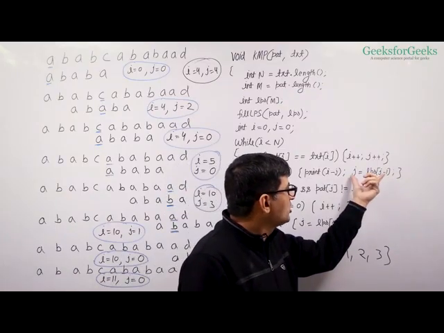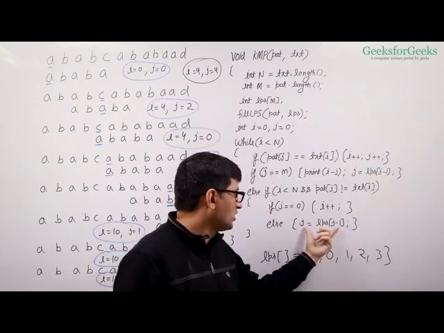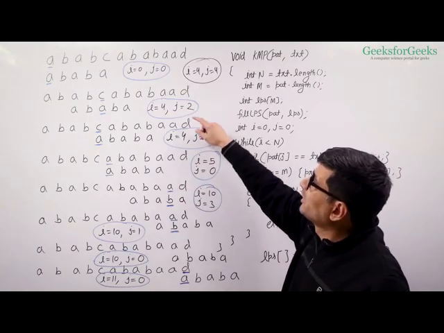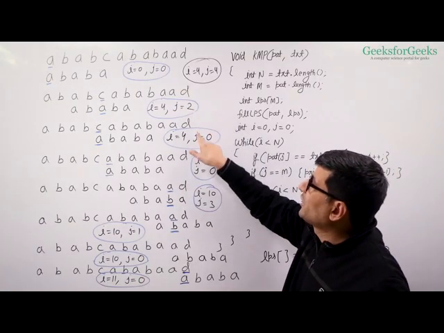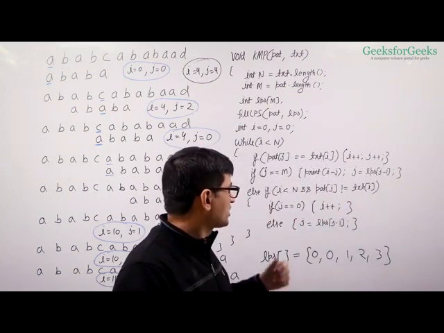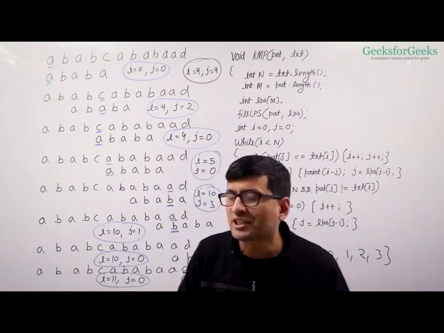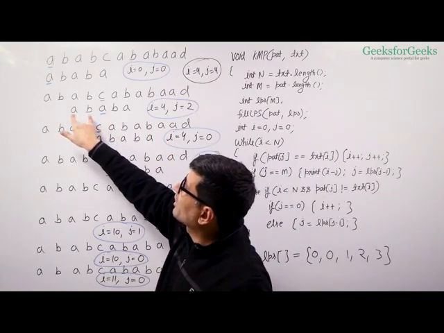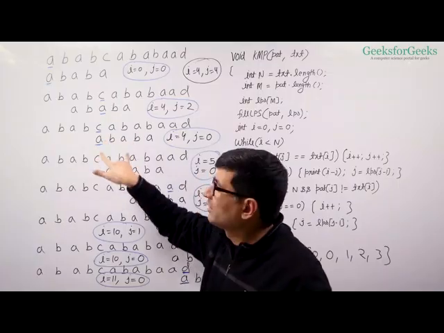And when you do either of these two operations, you are sliding the pattern ahead. For example, here j was 2 and you changed it to j equal to 0 because they're not matching.